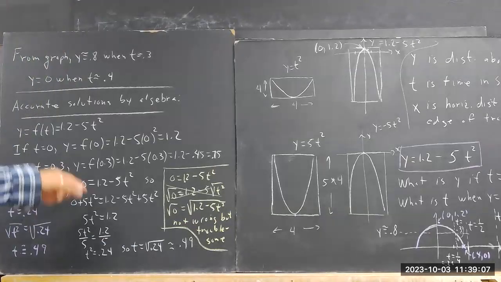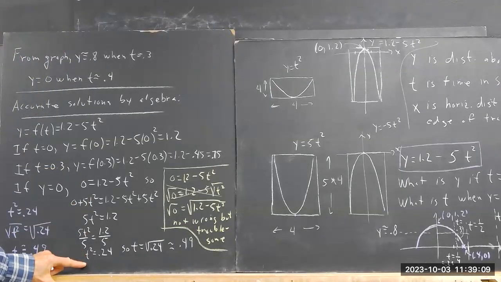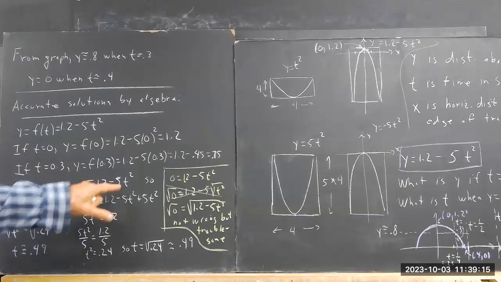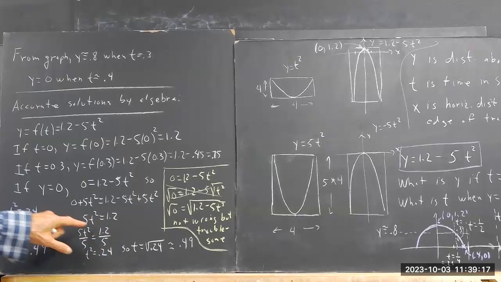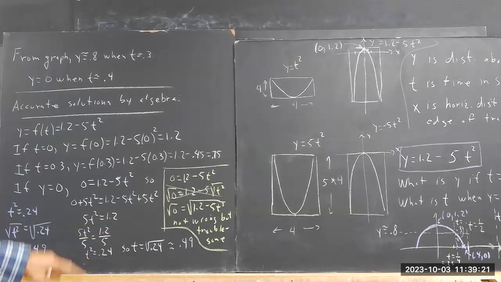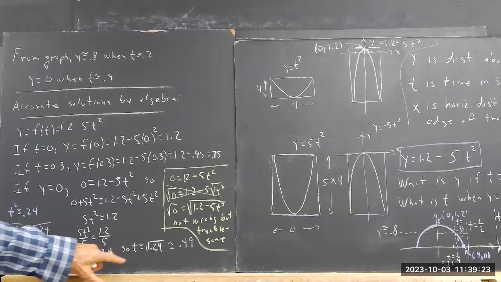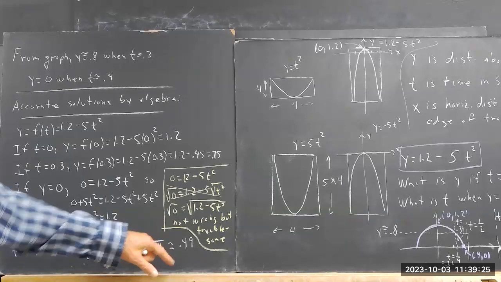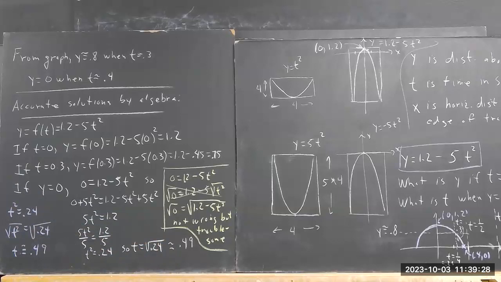So you want to isolate your t squared, but you want to be sure you do it using procedures. And adding 5t squared to both sides gets the t squared term on one side and everything else on the other. And then you can solve for t squared, take the square root of both sides, and get the solution.